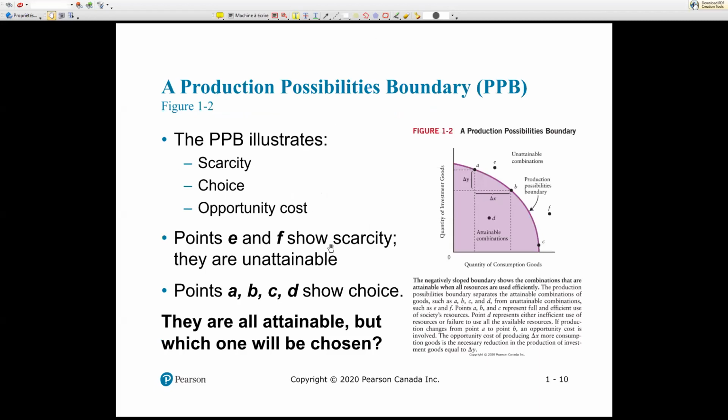Okay, so a slightly more complex, actually quite more complex case, but we're just going to briefly discuss it. The same thing that happens to a consumer can happen at the country level or at the producer level. Why?